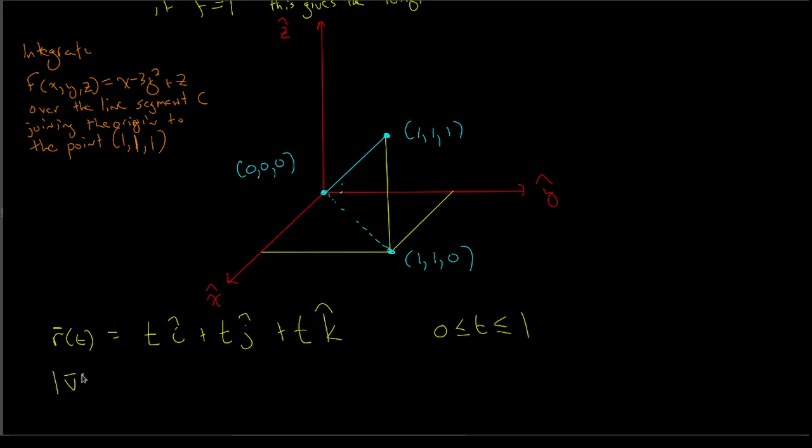So v of t is, well, the derivative of this is i hat plus j hat plus k hat. And that norm is 1 squared plus 1 squared plus 1 squared, or root 3.